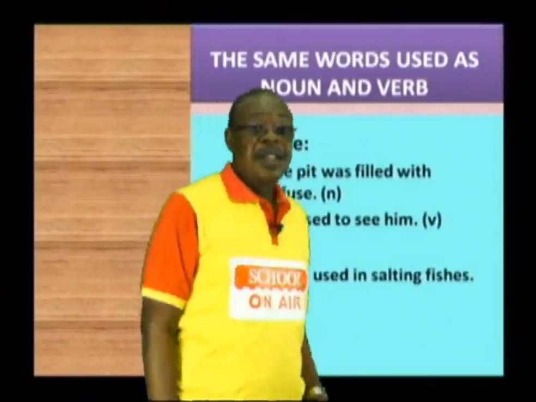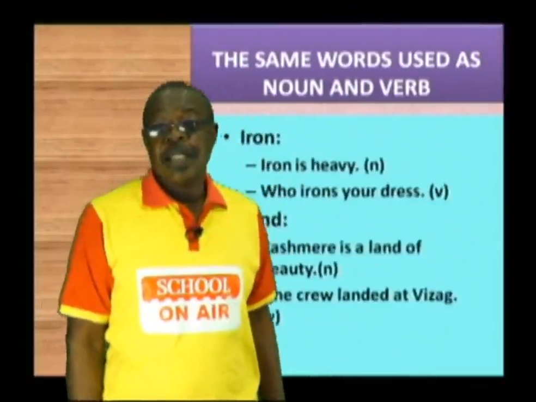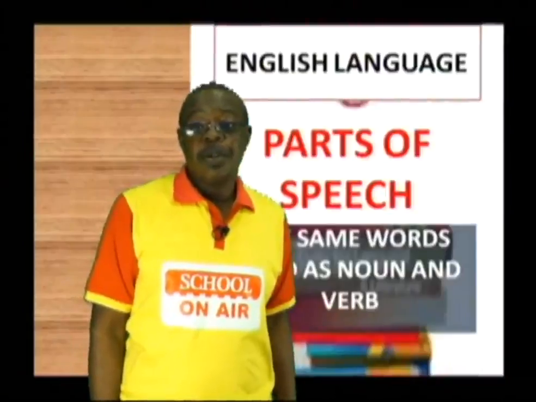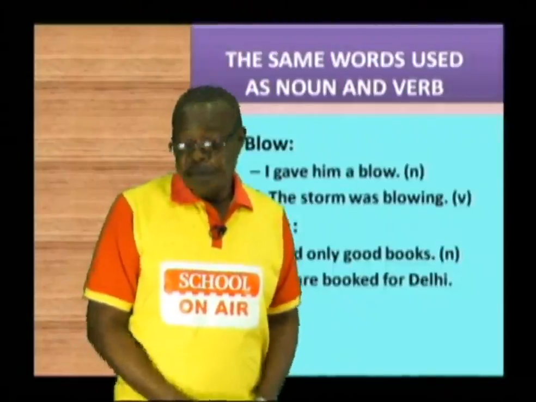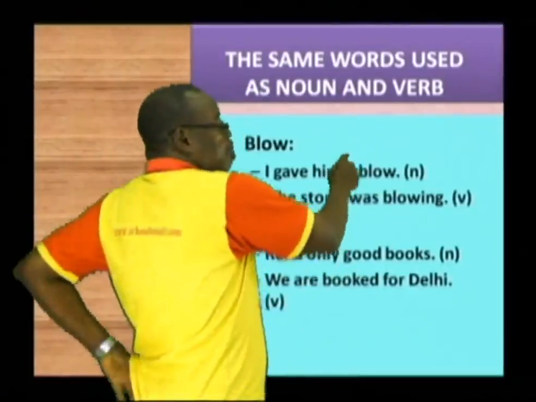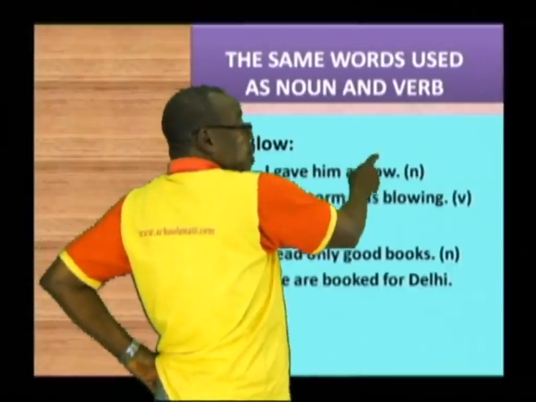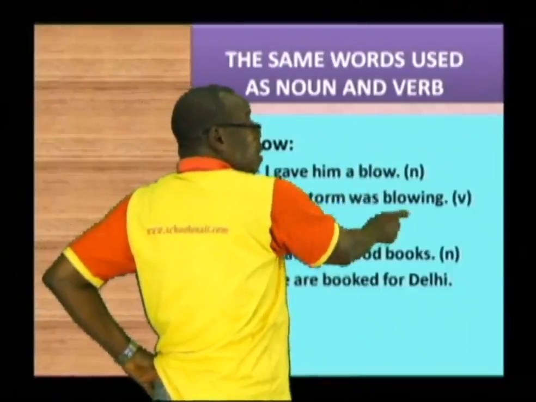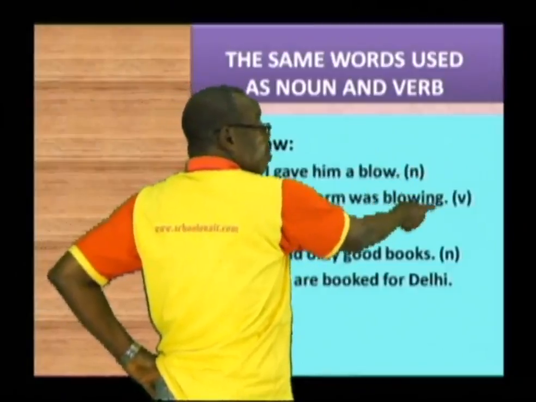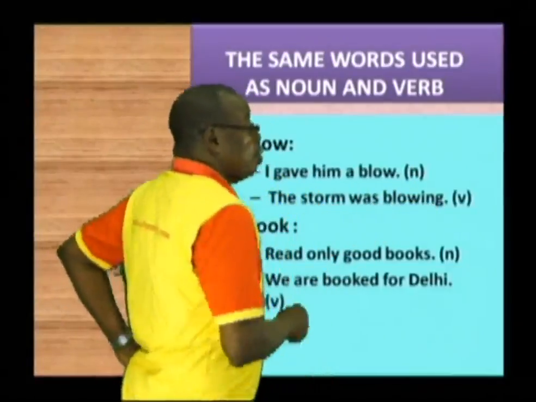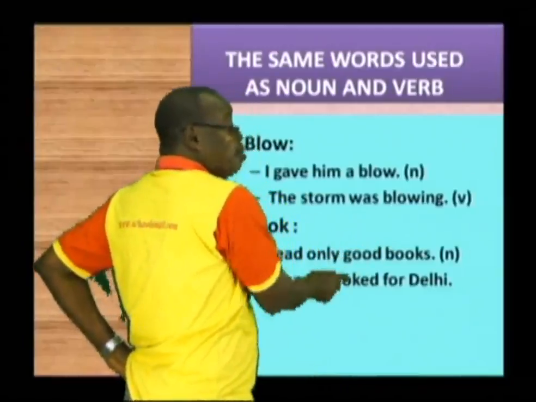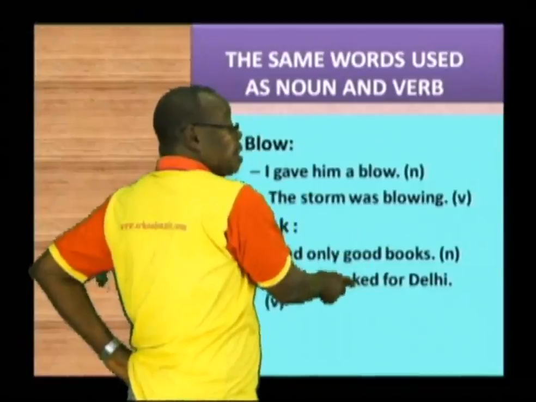Now, let's quickly go over this noun and verb. You must have learned something. Now here, you have blow. Blow, was blowing, noun, verb. Number 2, you have book, books, and booked.